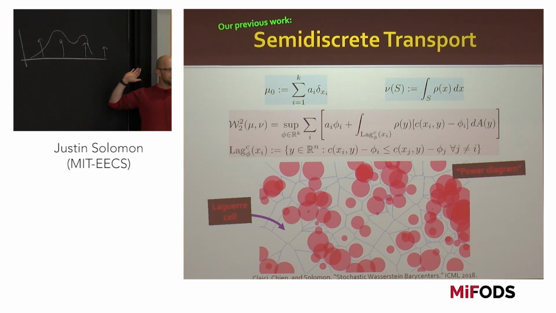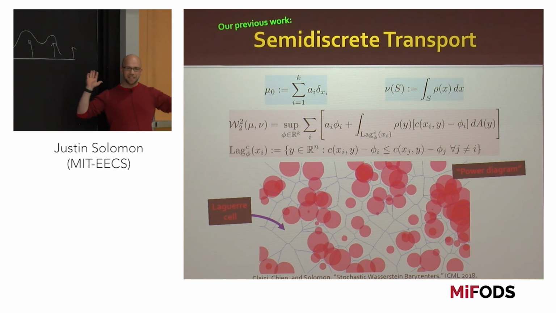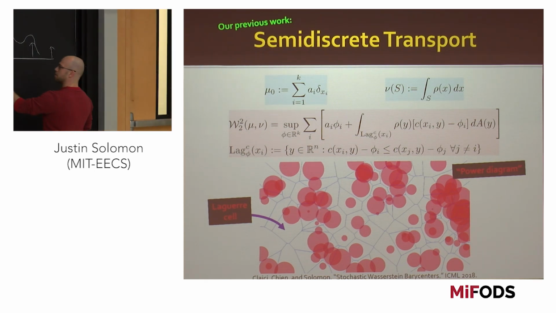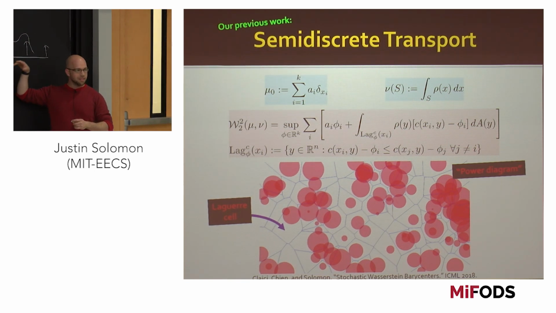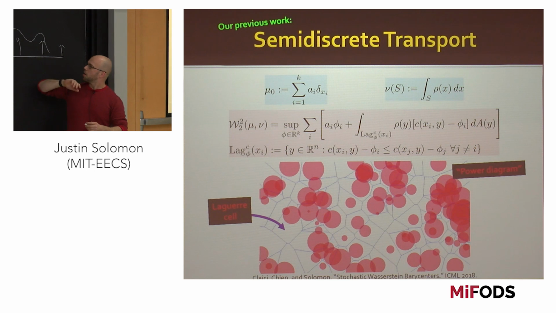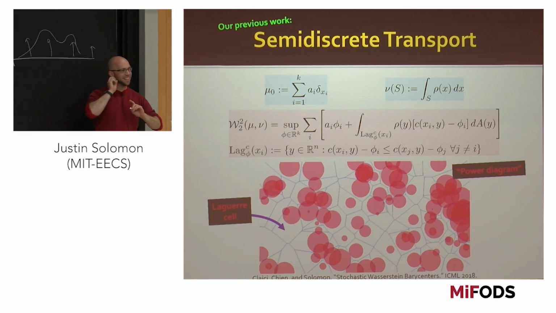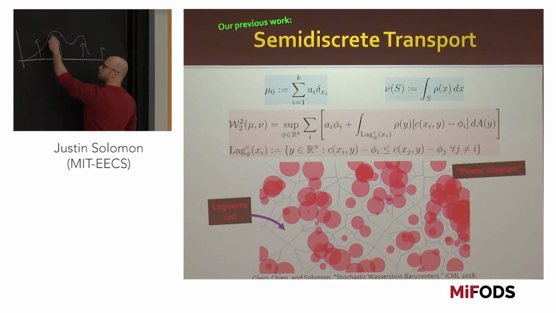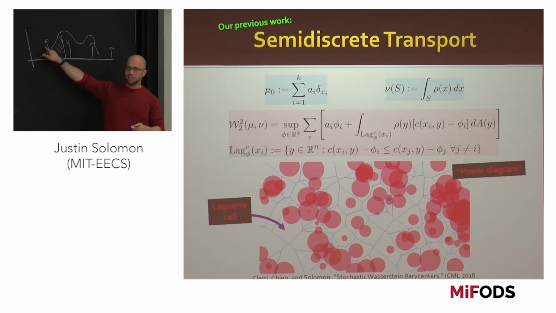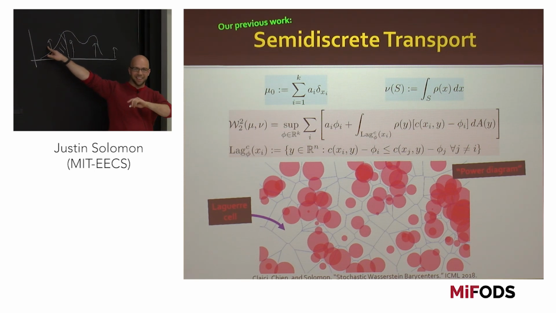Does that make sense? There's a very simple argument that you can make. This is an infinite dimensional problem, because I have to figure out for every single point in this smooth distribution what its source point was in the other one. However, there's a simple observation you can make. Let's say that I look at all the points in the smooth distribution which get mapped to the first delta function, the leftmost one.